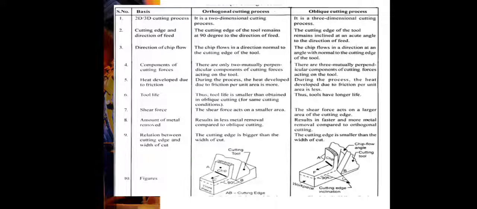So look at the figures of the orthogonal process and the oblique cutting process. In this one, the formation of the workpiece and the chip is at 90 degrees, and the cutting tool is set that way, unlike in oblique.